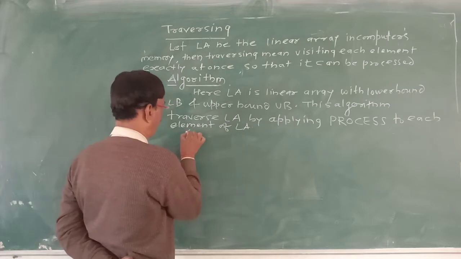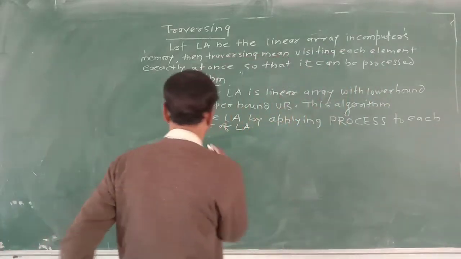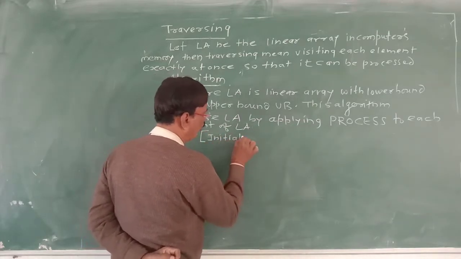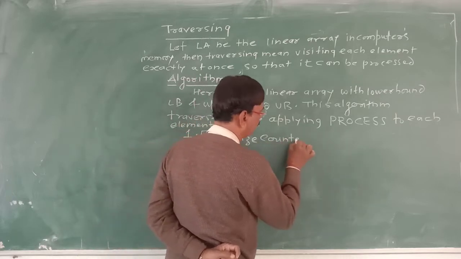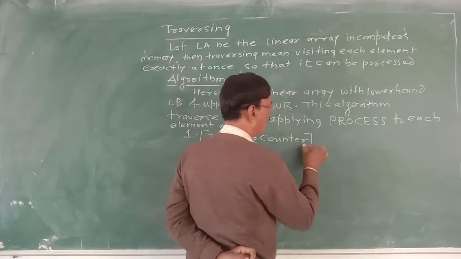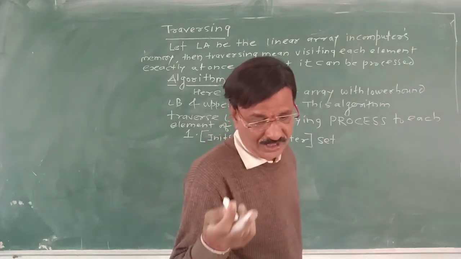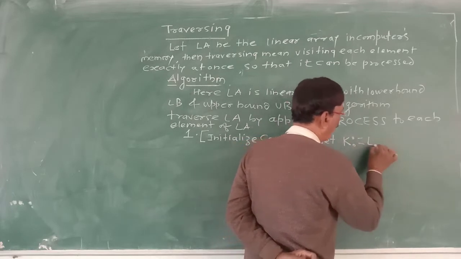How? Step number 1. Initialize the counter. In square brackets we write initialize counter. How? By setting K equal to lower bound.